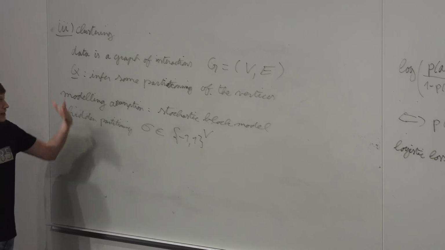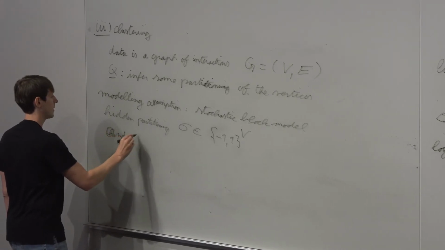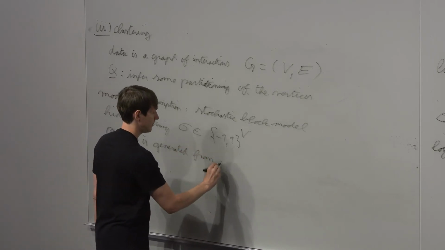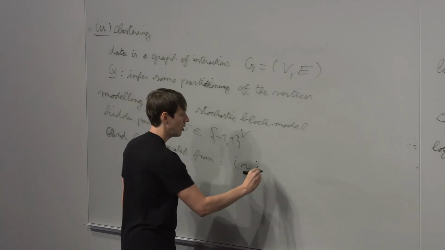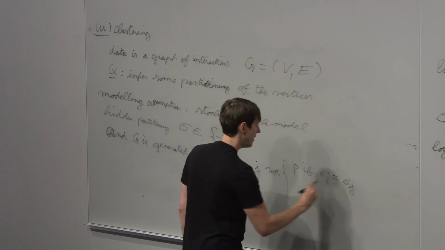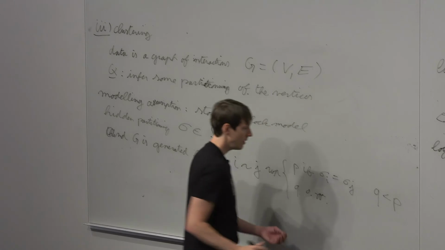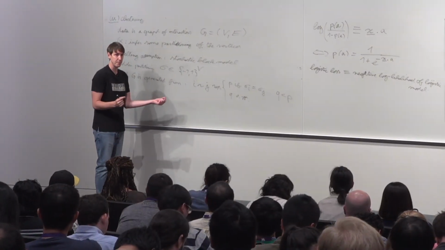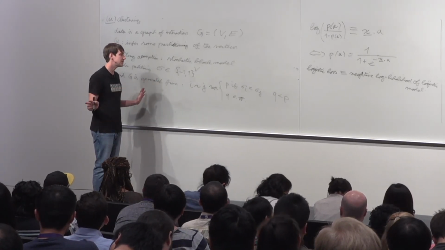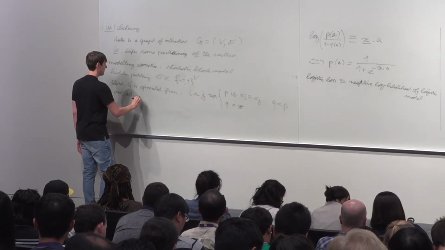Now, given this hidden partitioning, how is the graph generated? The graph G is generated at random from the following: i is connected to j with probability P if sigma_i is equal to sigma_j, and Q otherwise, and we assume that Q is less than P. So if you have two people in the same group, they connect with probability P. And if you have two people in different groups, they connect with probability Q, which is smaller than P. And all of these connections happen independently.